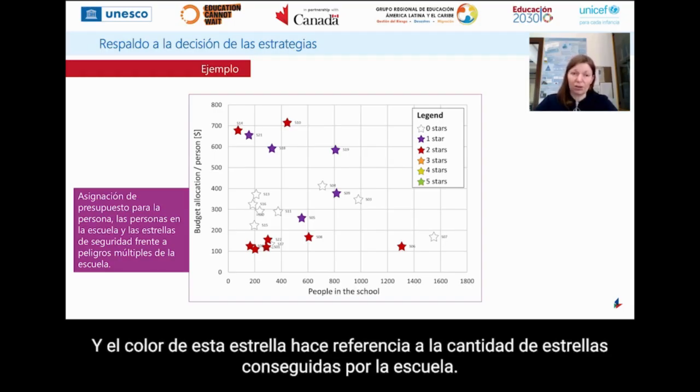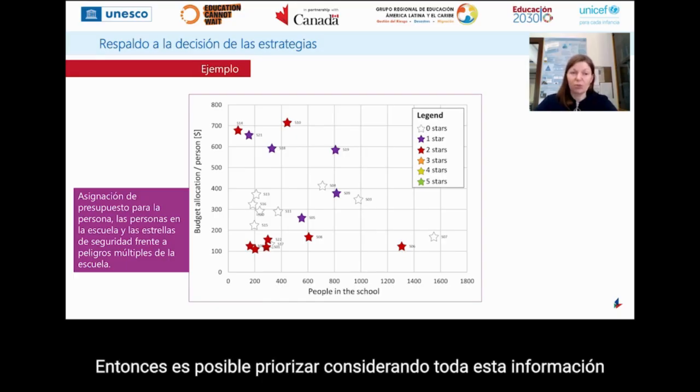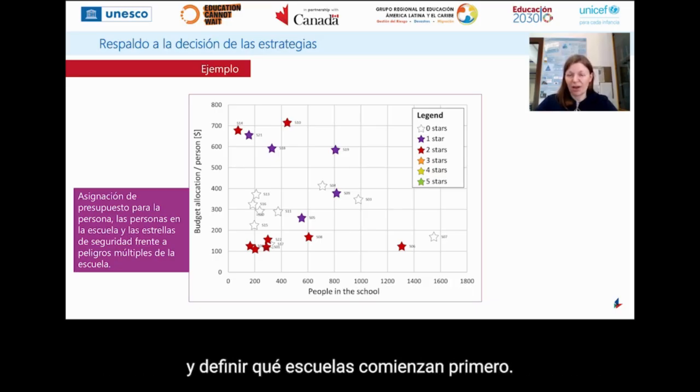And the color of the star refers to the number of stars achieved by the schools. So it is possible to prioritize also considering all this information and define on which schools to start first.